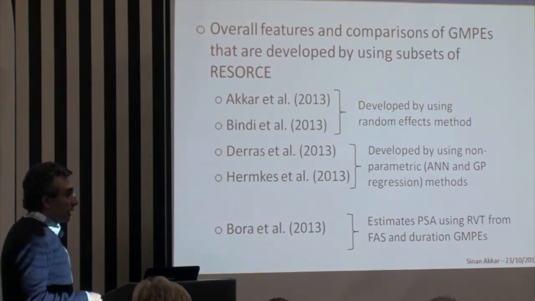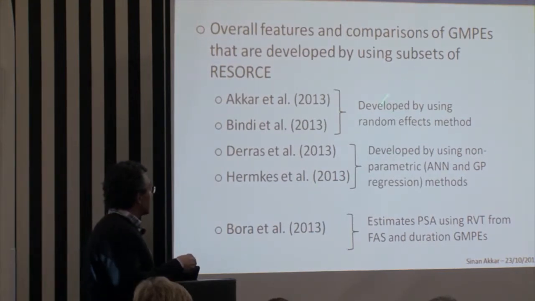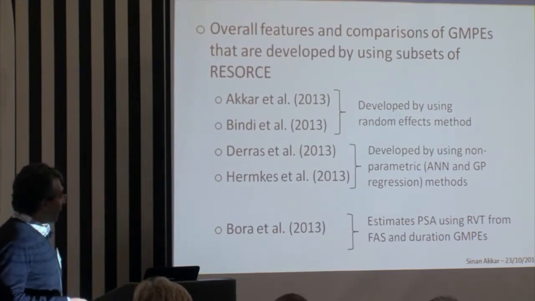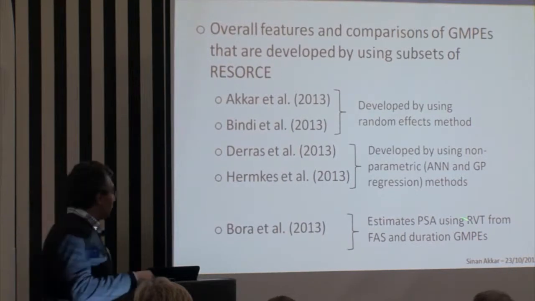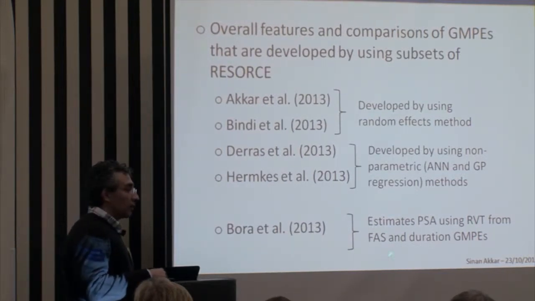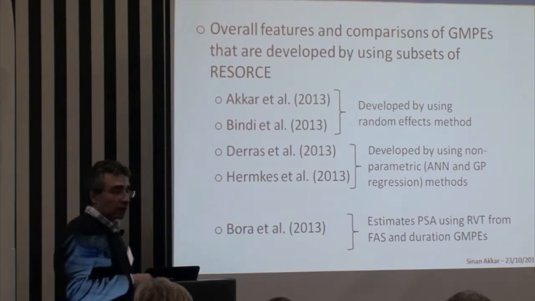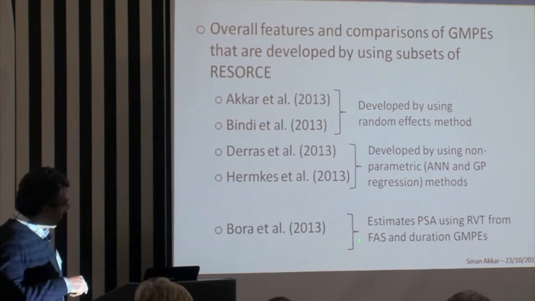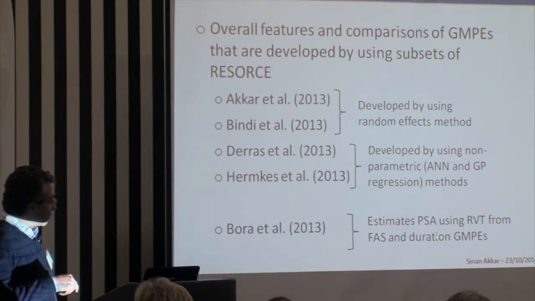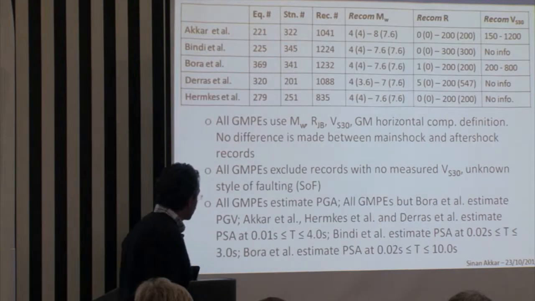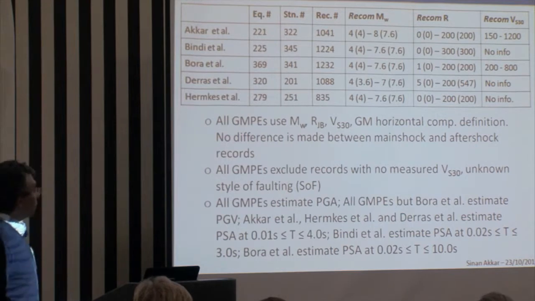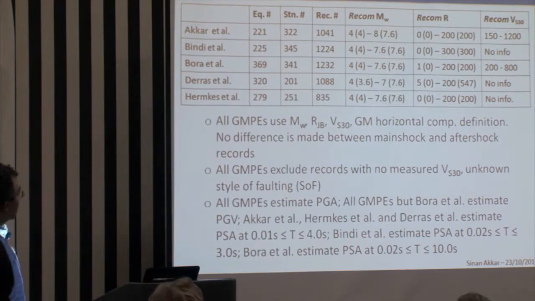Bora et al. did use random effects, but they estimated PSA using random vibration theory, from the estimations of Fourier amplitude spectrum and strong motion duration. So they're using the estimations of FAS and duration through random vibration theory, and then come up with PSA.